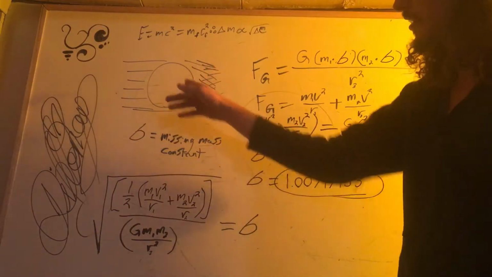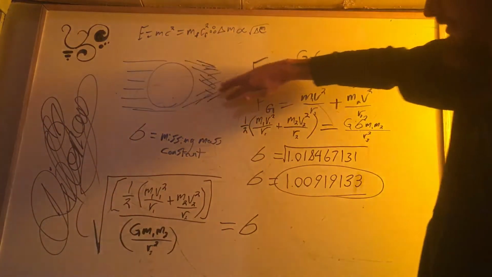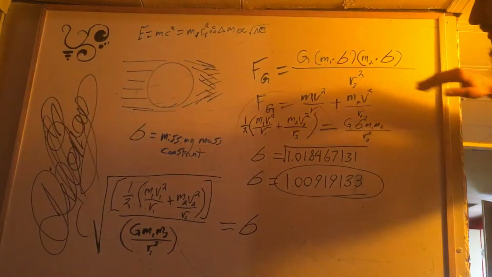So this is kind of a little drawing to depict that, where you have photons coming in and they kind of drag, but they keep going, and they spread back out.